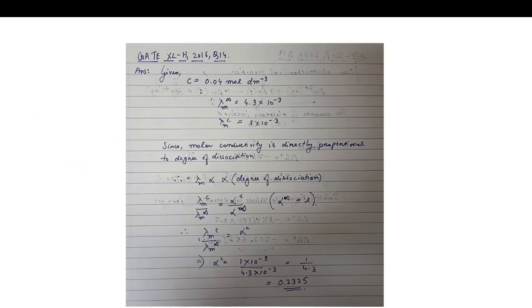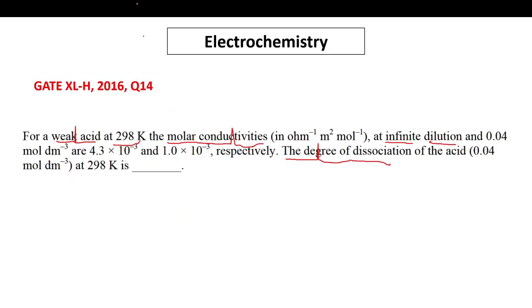Now let us look into the solution of our question. What is given here is the C value, that is, the concentration of this electrolyte.